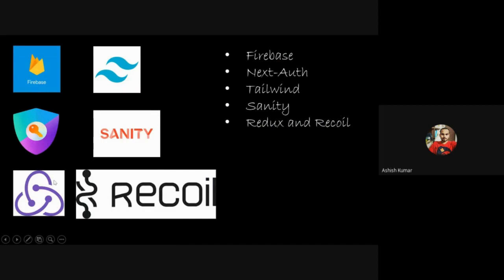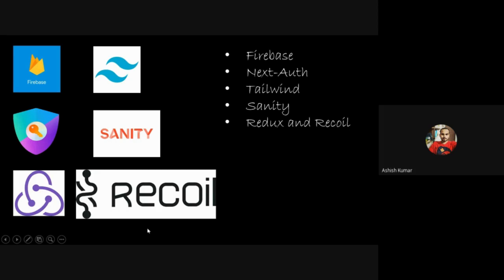So the reason why we use Redux and Recoil, and the difference between them: Redux is built by the Next.js team, so we can rely on it in a production application. Recoil is managed by a private player, but the reason we use Recoil is its simplicity.